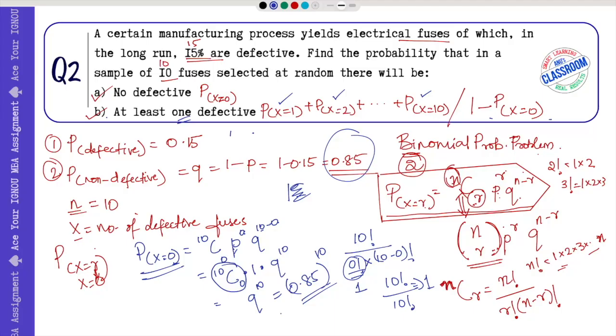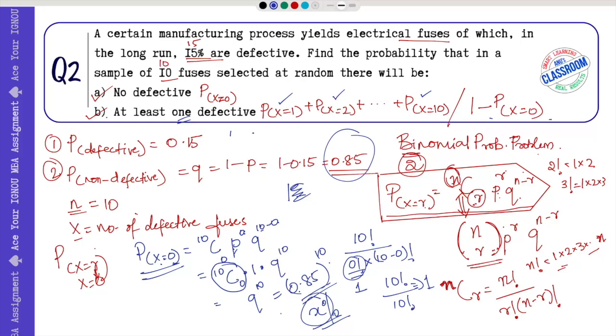For example, if P of X equal to 0 is 0.85 raised to 10, you would have got some value, right? So that is the probability that no defective is X percent. So you write your answer both in decimal as well as percentage form.